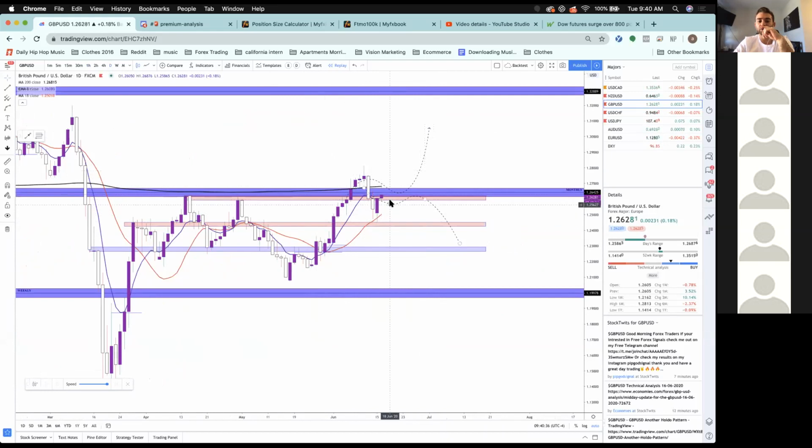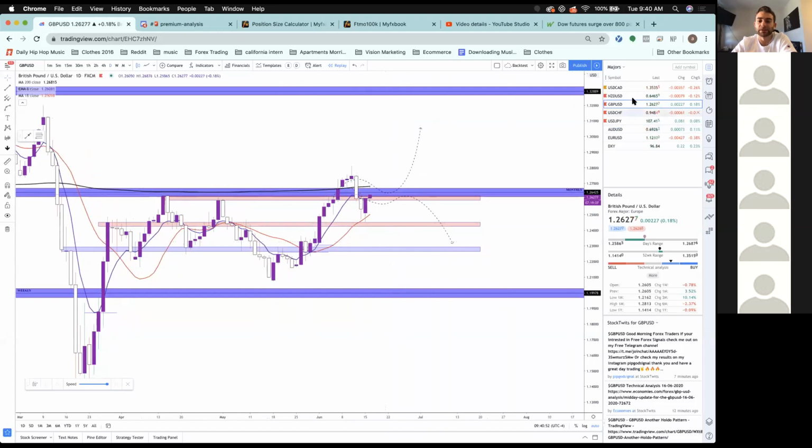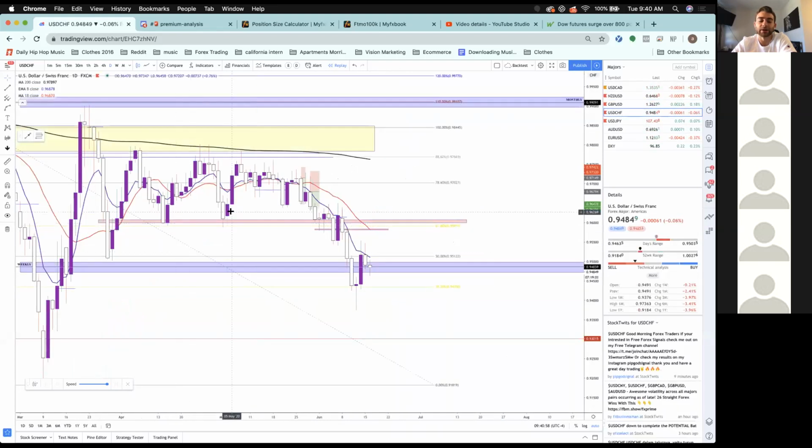And for shorts, I really need clear rejection of this level. So we're about to be in an area where we're going to make a decision to go in either direction in this market. I believe that's going to play out sometime today, so just look out for some updates. I'm sticking on the daily time frame for now, and we'll see how the market moves today to shape that up for us.